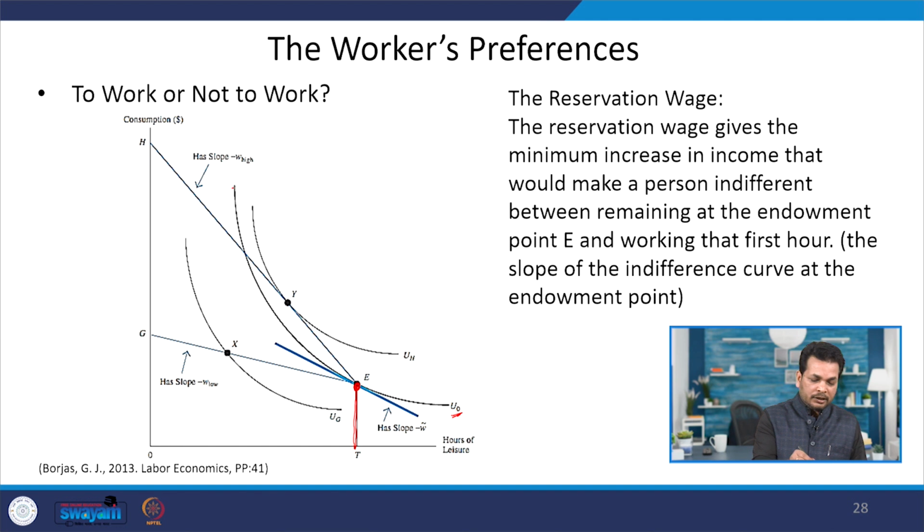So, the indifference curve for him intersects at this endowment point. So, the worker finds the utility of U0 amount, having leisure hours of T hours.